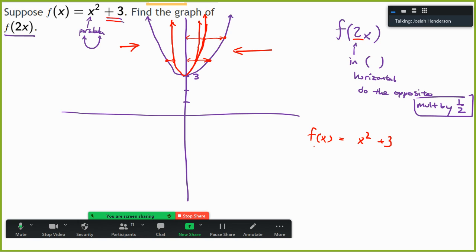What happens if we actually switch out our x's in the parent with 2x from the transformation? This time we're not multiplying 2 on the outside because the 2 is in the parentheses. It's being replaced wherever we see an x. Like so. So on the top, we've got our parent graph starting, and below we've applied the transformation.